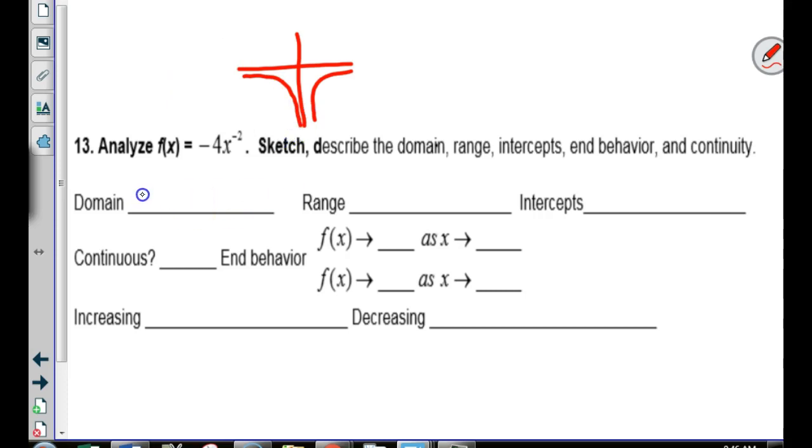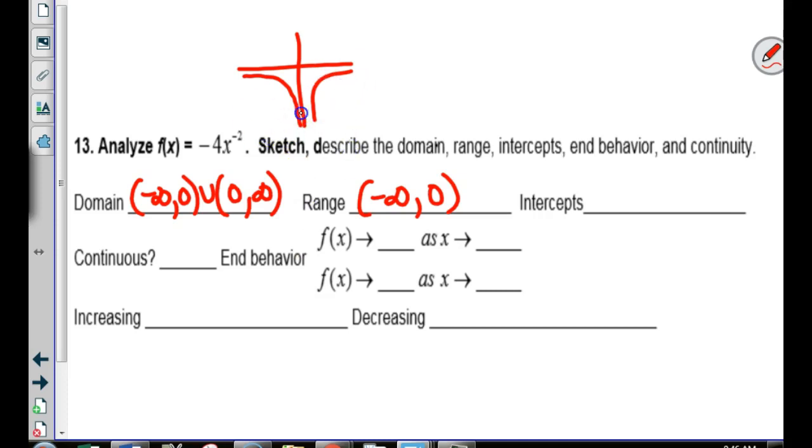So domain is x. As I go left to right, it's not negative infinity to infinity because it can't be what? Negative infinity to 0 and then 0 to infinity, okay? But bottom to top, is everybody okay that this range is negative infinity to 0?